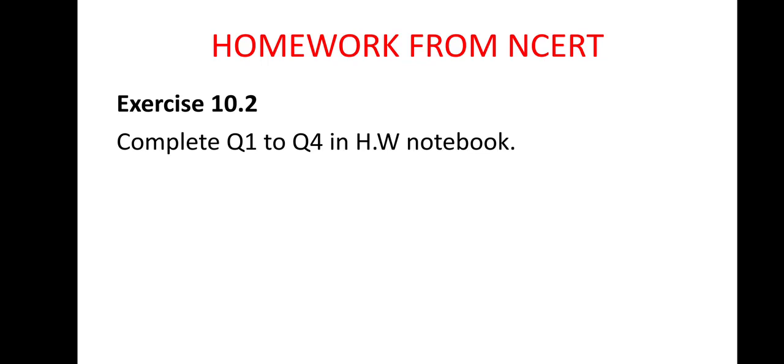You can use your map symbols, and you can use map scale also to show the measurement of any particular place, as we have discussed what we mean by map scales and map symbols. With the help of those concepts, I hope you will be able to make the maps of this exercise 10.2.